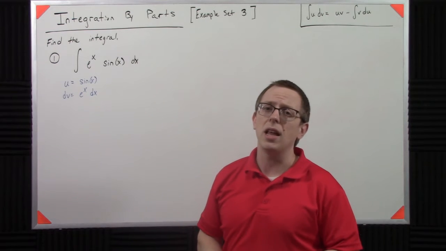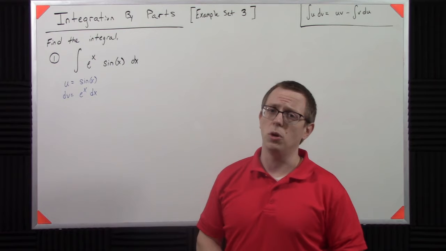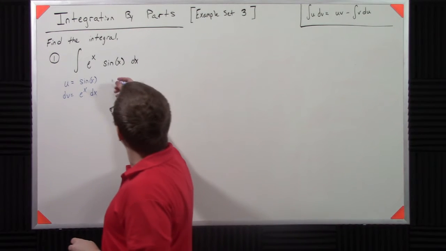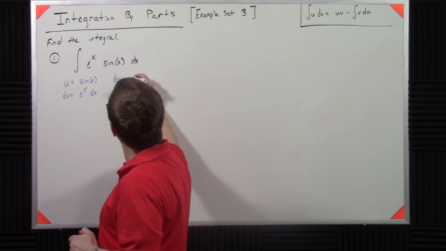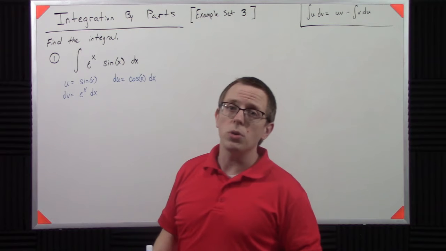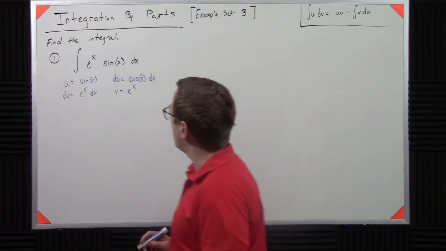The reason being is I like to think of trig functions in terms of derivatives. I'd rather not think of them in terms of antiderivatives. It's personal preference. So du is cosine of x dx and v is e to the x.